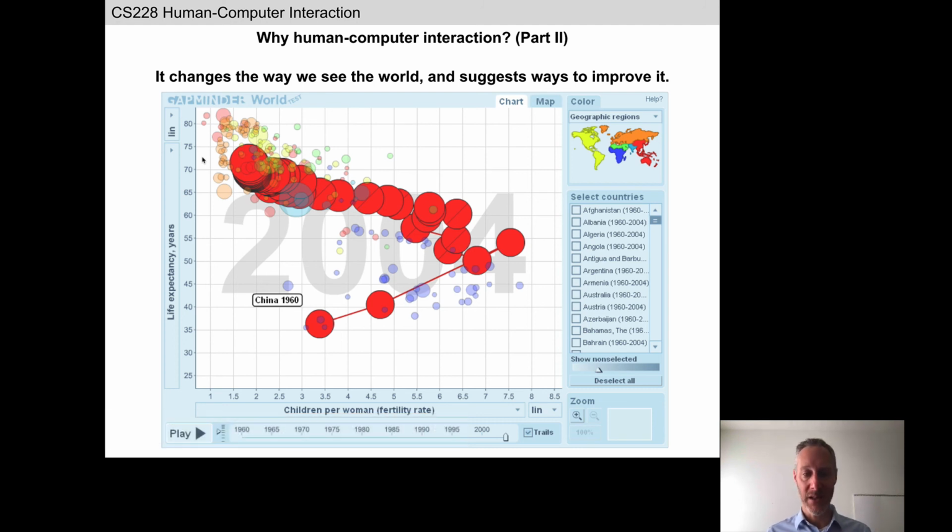What's happening in this particular trajectory? What is the pattern that is being shown here? So we're starting in 1960 as before and moving forward in time to 2004.